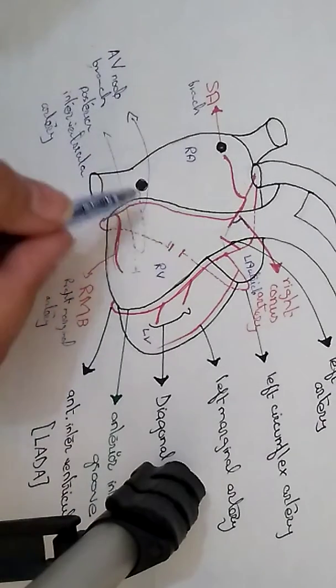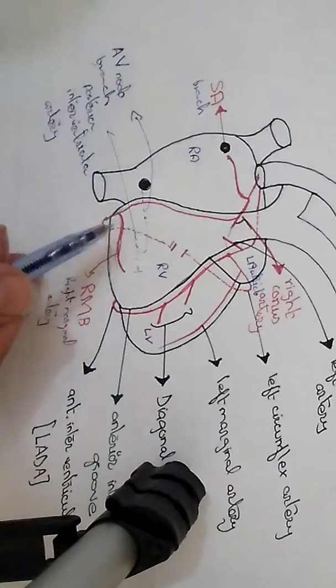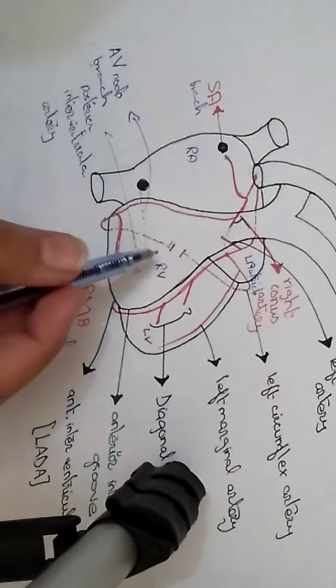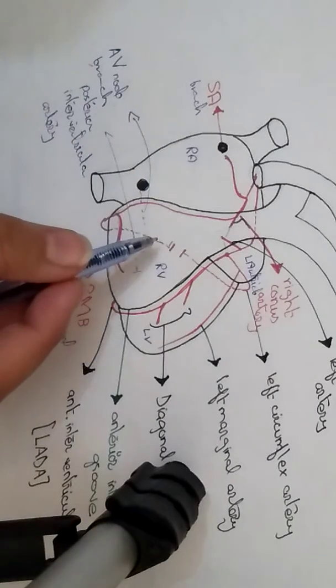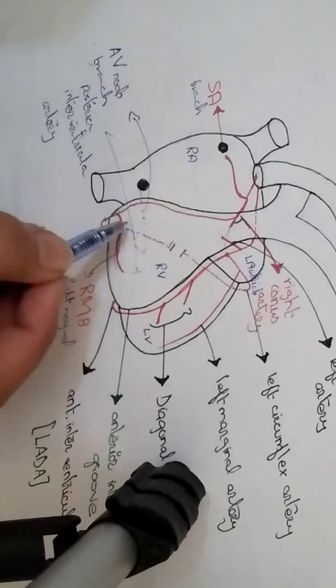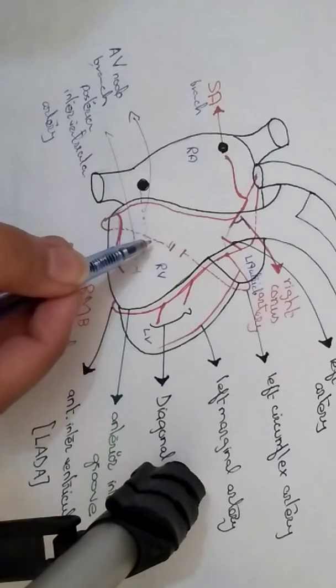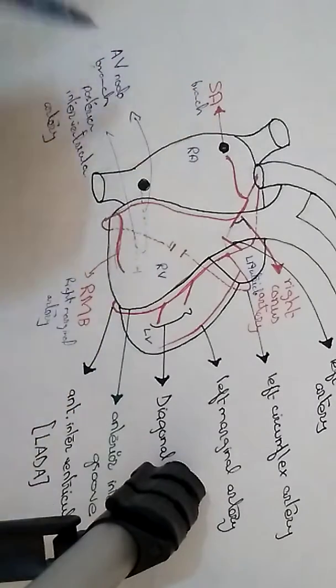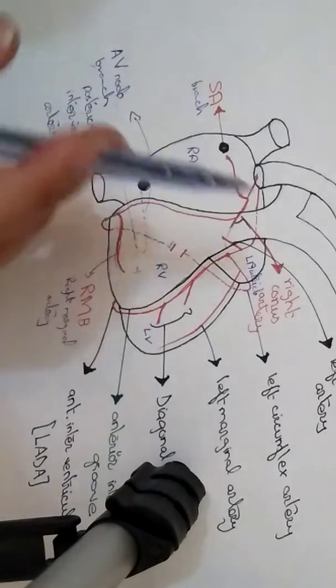Here it runs backward and to the left in the right posterior coronary sulcus, to reach the posterior interventricular groove.